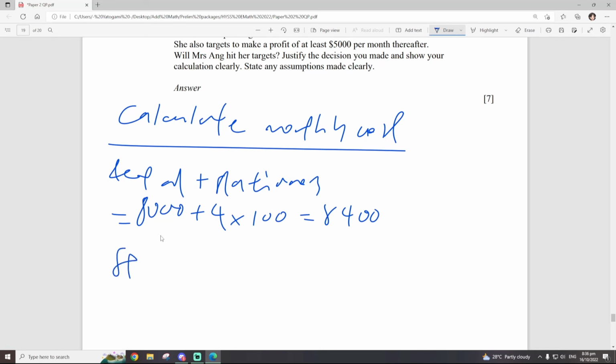So staff, and I'm assuming that the administrative person is just a one-time payment per month, so that's 1,800 plus.